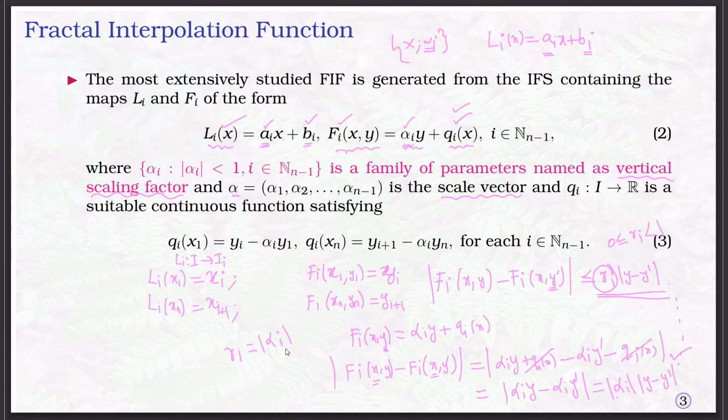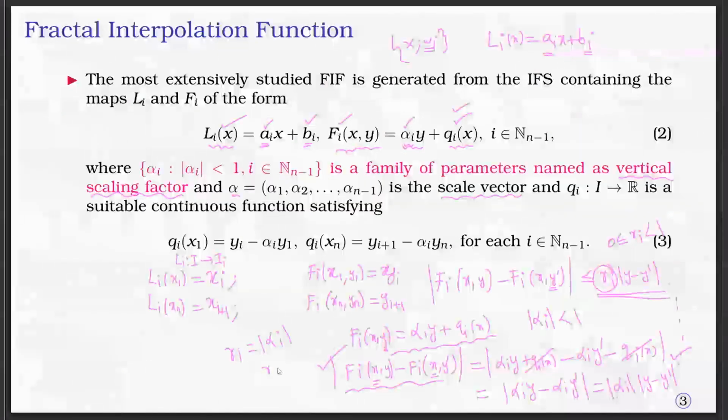If you want to make this Fi a contraction mapping, because if Fi must be a contraction, then only the iterated function system will be formed and we can get the unique attractor, then this modulus of alpha i must be less than 1, because ri is greater than 0 and less than 1. Therefore, we are taking alpha i less than 1.